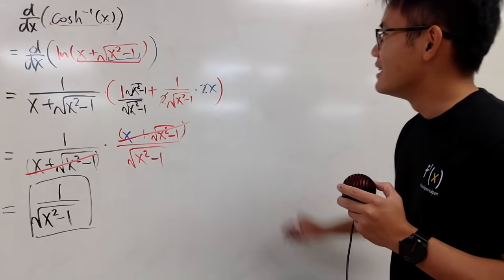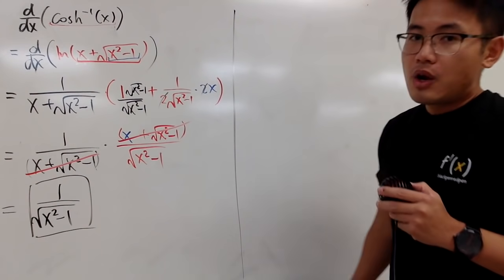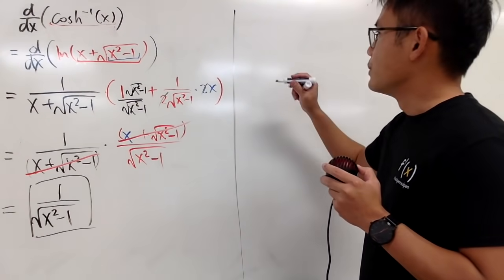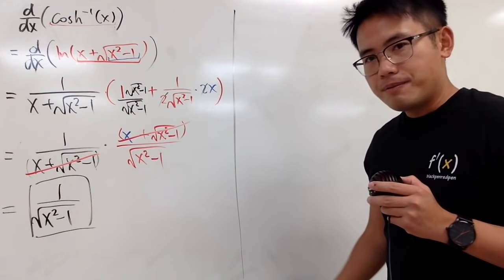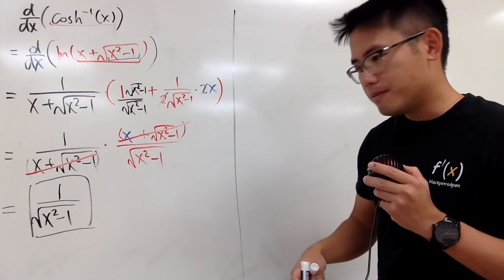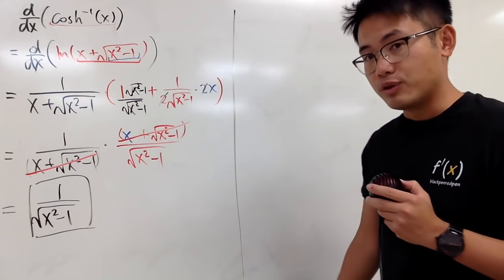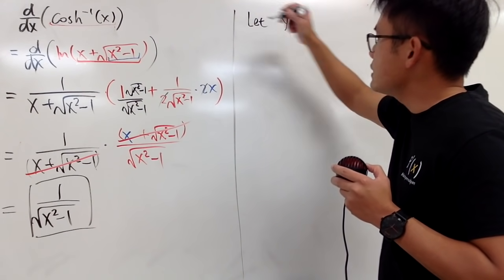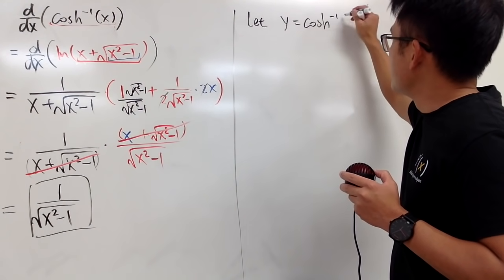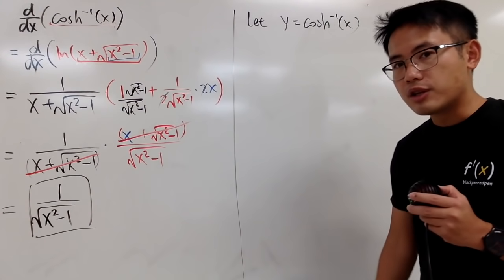Now, let's do this another way right here. Well, how can we do this though? That's the inverse function. I don't know it too well, so let's try to come up with the original function. What we are going to do is say that y equals the inverse hyperbolic cosine function.